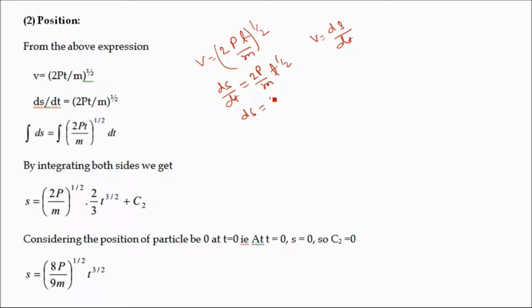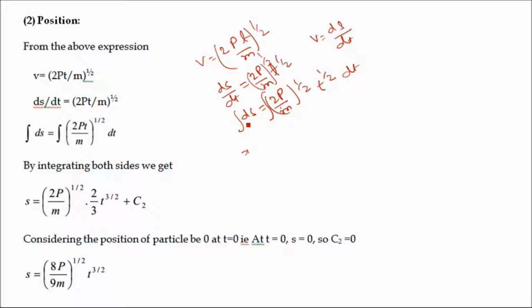So ds is equal to 2P by m raised to the power 1 by 2, times t raised to the power 1 by 2, into dt. First we integrate through indefinite integration, without putting any limit.